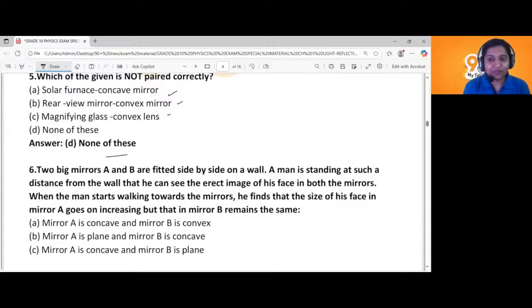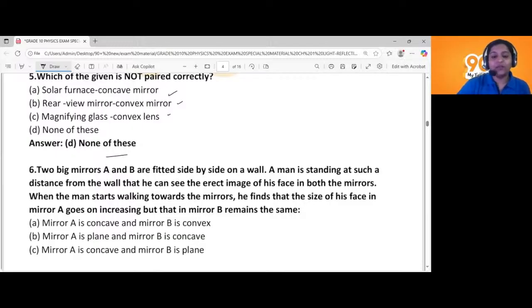Okay. So which means the position is changing and there is a difference in the size. Okay. But in mirror B it is the same. Mirror B is same. Okay. And its erect image of his face is there.